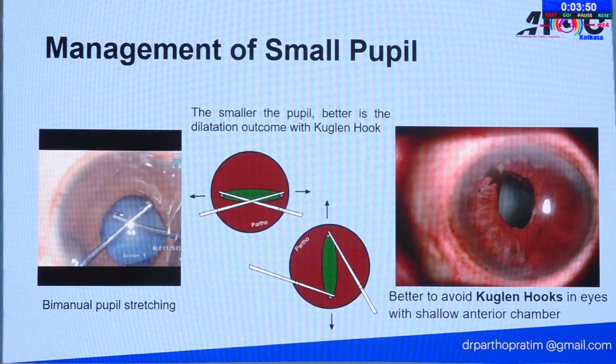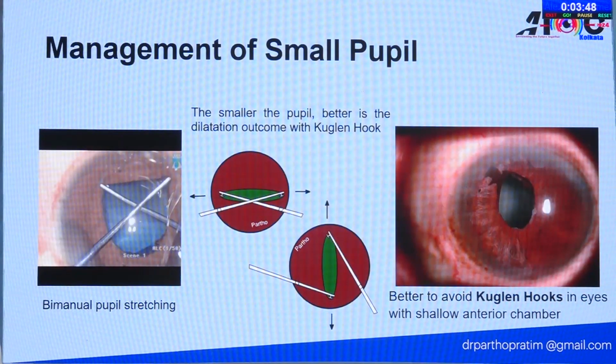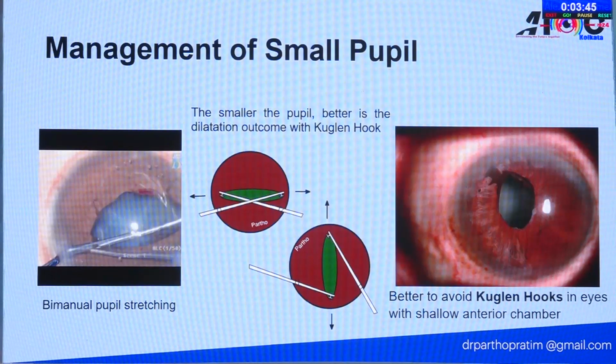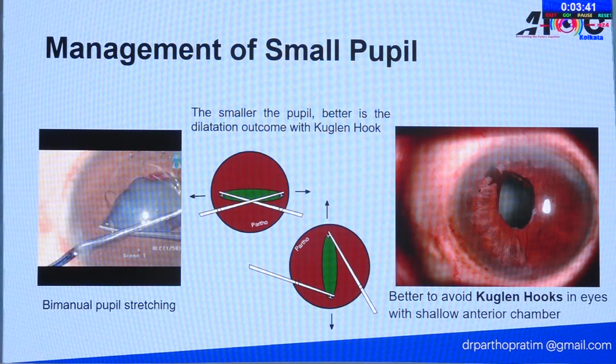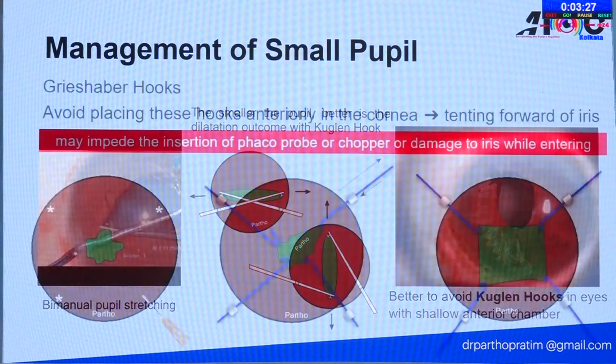Now, just a few tips about bimanual pupil stretching with the Kuglen hook. Remember, if it is a very small pupil, then only Kuglen hooks work best. In moderate dilatation cases, better not to use the Kuglen hooks. And second, if there is a very shallow AC, then it's better not to use the Kuglen hooks, because sometimes they can cause damage to the corneal endothelium.